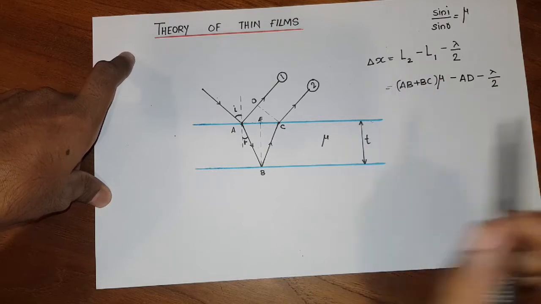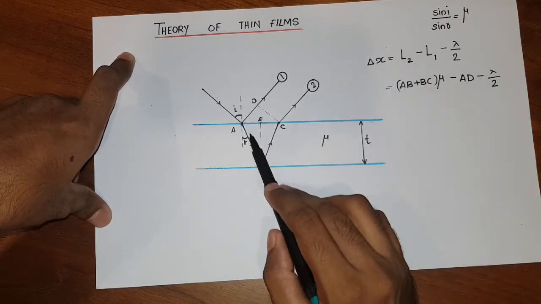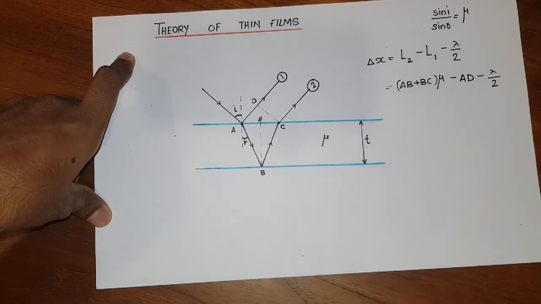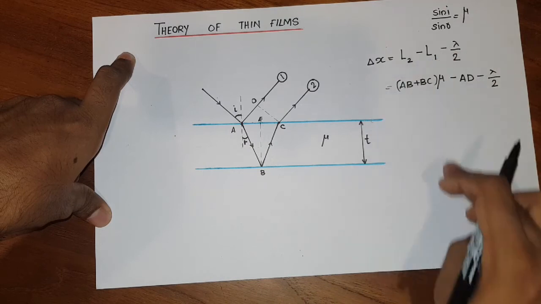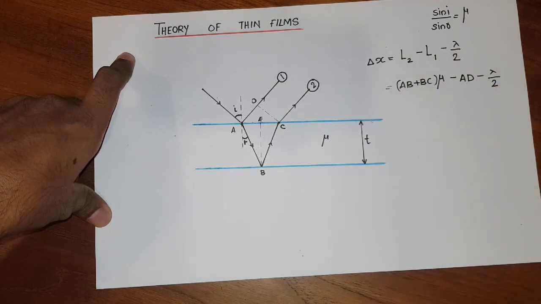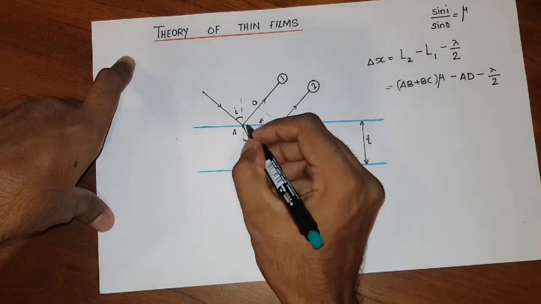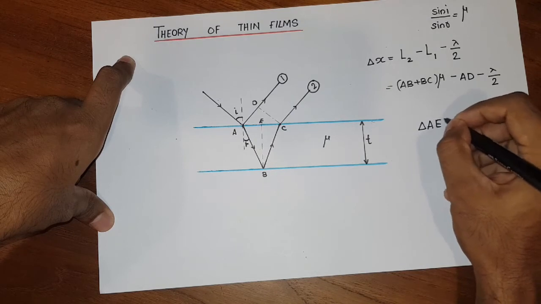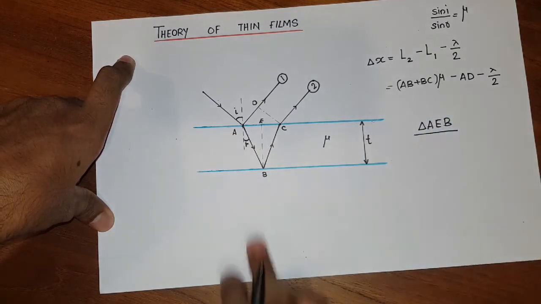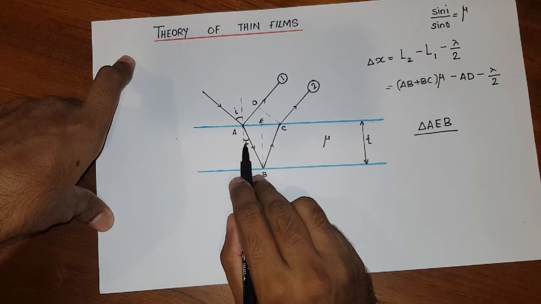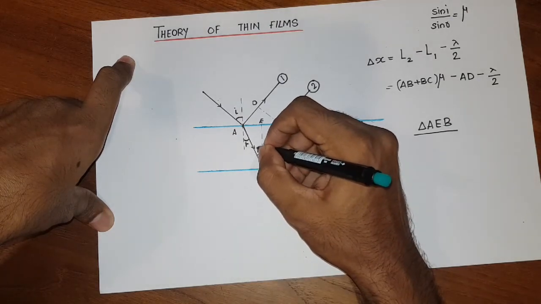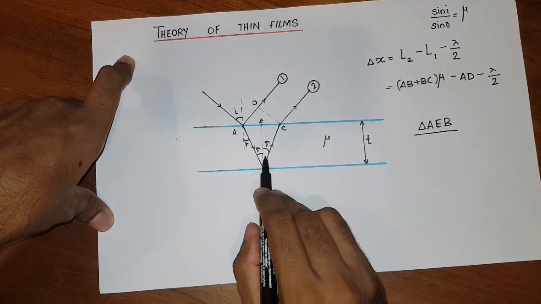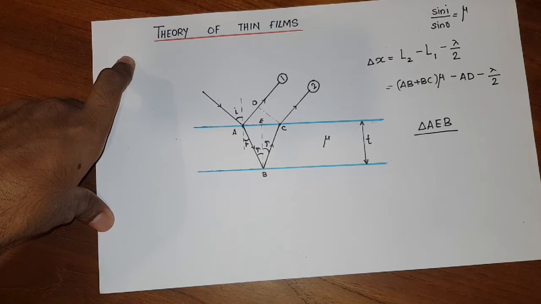So before going into this derivation, can we somehow link this AB, BC and AD in terms of this thickness? If we can do that, then we can easily work out this thing. So let us just consider this triangle AEB. In the triangle, if this angle is R, then this angle will be R. Also this angle will be R, because the angle of incidence will be equal to the angle of reflection.